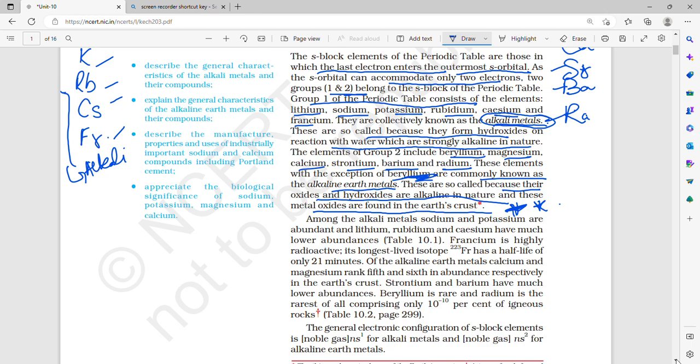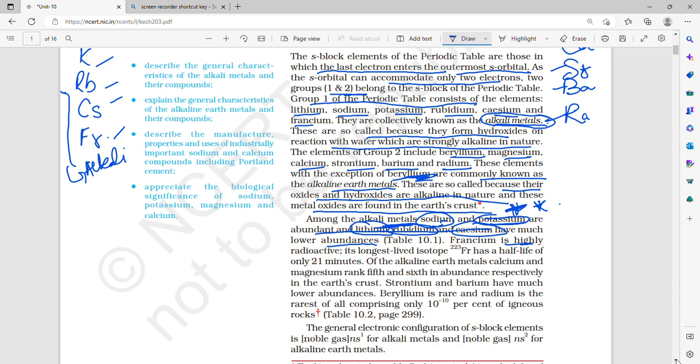Now among the alkali metals, sodium and potassium are abundant, whereas lithium, rubidium and cesium have much lower abundances.